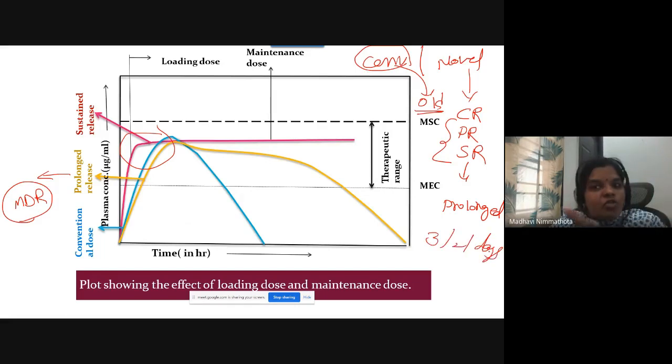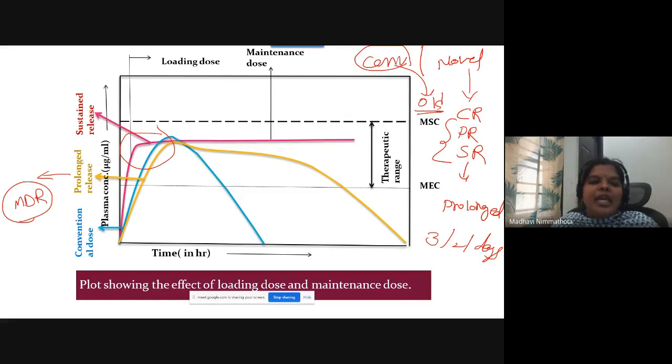But in case of novel modified release dosage forms, if you take it one time also, the drug will be released up to prolonged periods of time in your body. So here we are avoiding frequent administration of your drug in case of novel, and here we need to take your drug repeatedly, frequently, to produce its action.